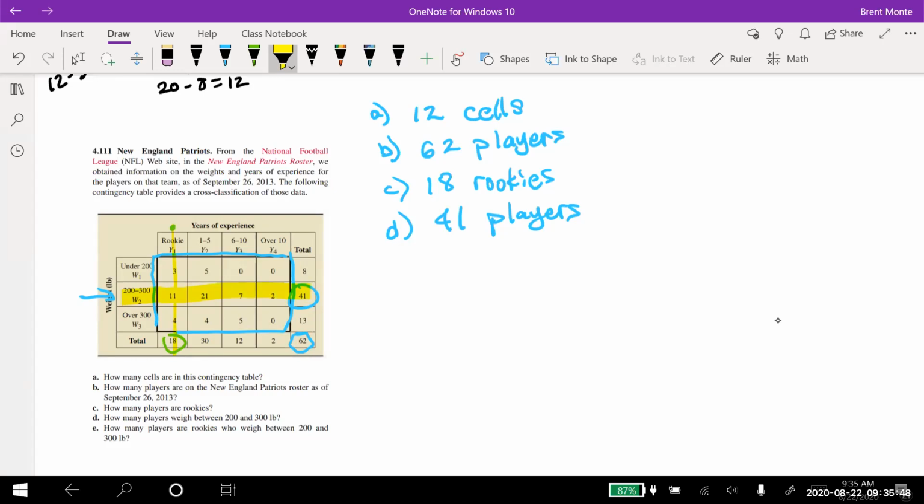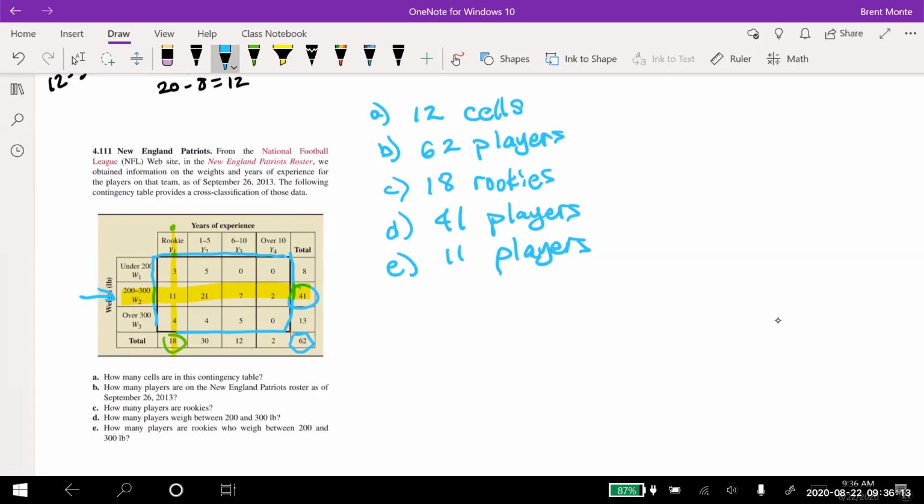Oh, that was a much bigger spread. So where those two cross, obviously, is the number 11, and that would be the answer to that. So remember, that was a joint number. So an 11 is somebody that has to be in both of those. And so for E, we're just going to say 11 players.